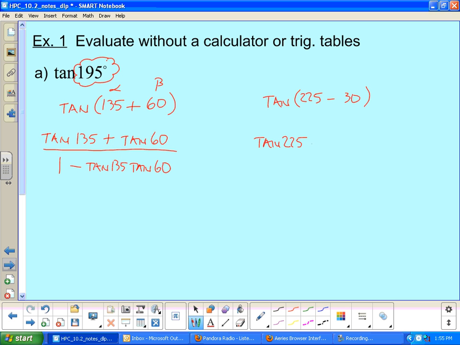tan of 225 minus tan of 30, over 1 plus, and then we'll go from there. So we're going to just work on the left side. Same answer. Tan of 135, who knows that?